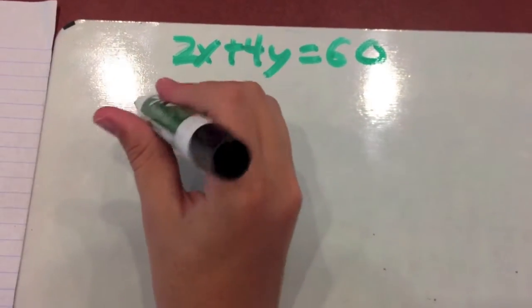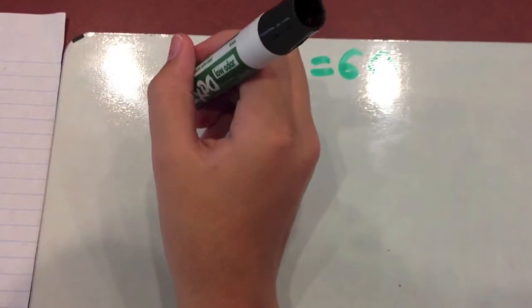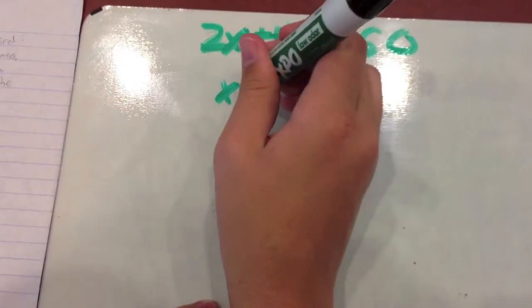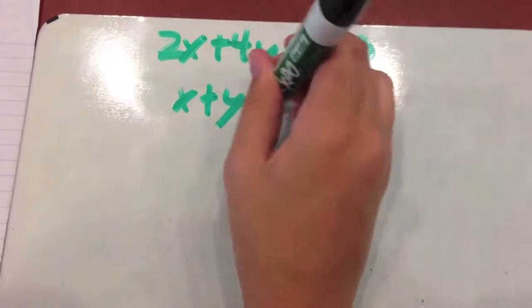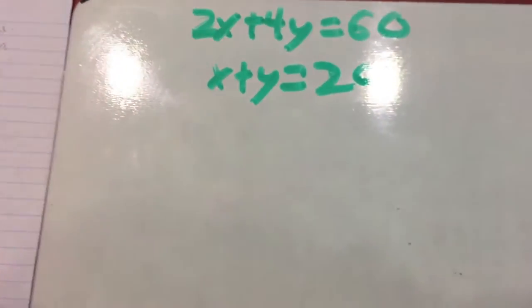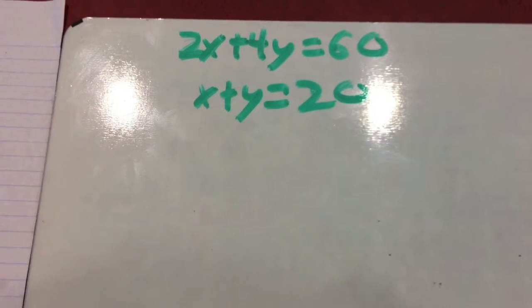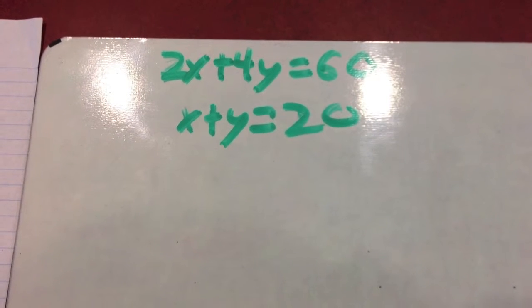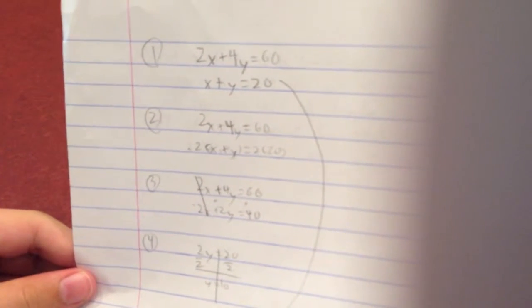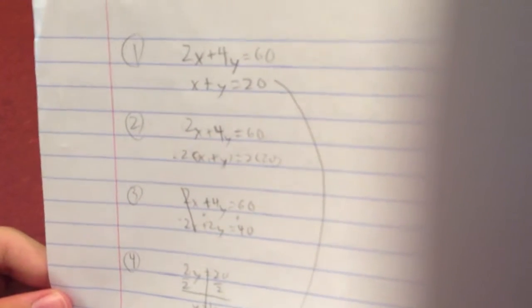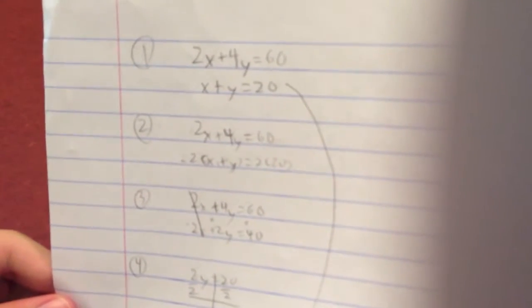Then the next equation is x plus y equals 20, because the total number of tables should equal 20. So we wrote 2x plus 4y equals 60, and x plus y equals 20.